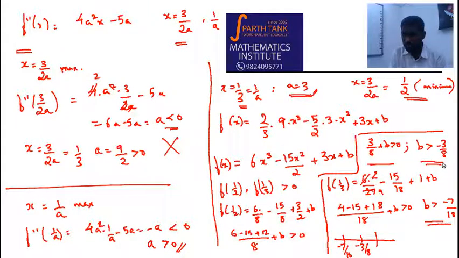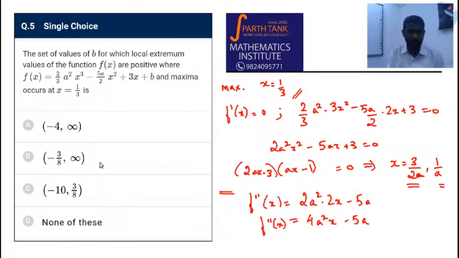If you change this to 72, this is 27 by 72, whereas this would be only 28 by 72. So what I am saying is minus 7 by 18 is smaller than minus 3 by 8. So you can't have this region, only this region beyond minus 3 by 8. So only b greater than minus 3 by 8 can be the answer.